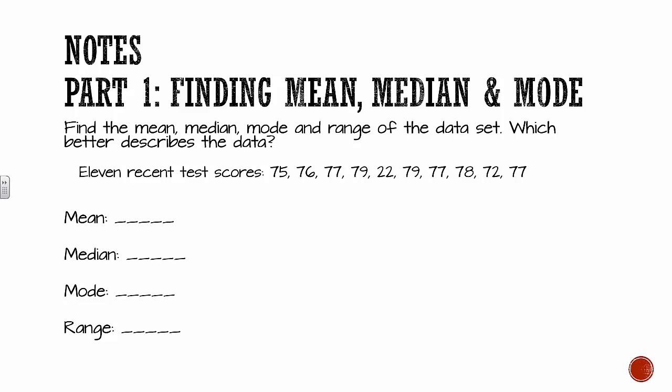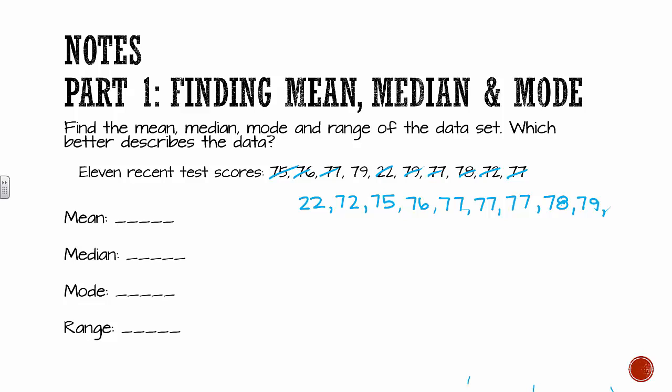So smallest number is going to be this 22. Let's write that one first. And then our next smallest number is 72. And then after that we have a 75, we have a 76, we have a 77, another 77, and then one more, and then a 78, and a 79.